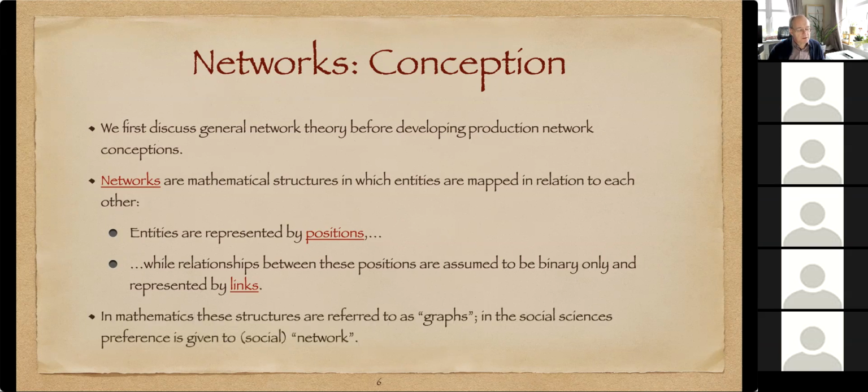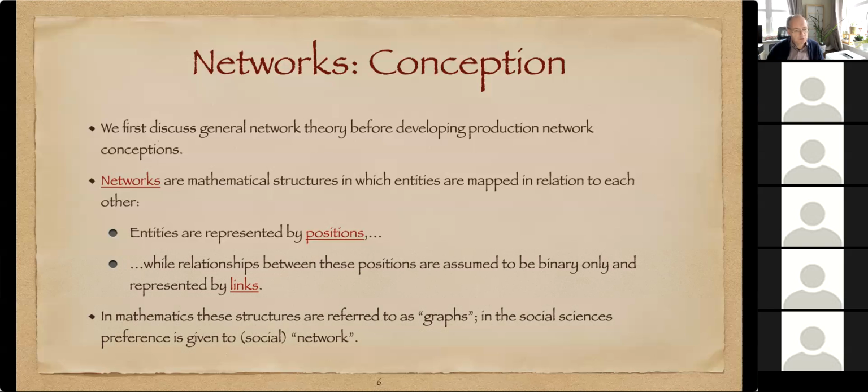So to make clear the various names that are used to describe these things, in mathematics, they're called graphs. Now, graph is a kind of bad name, because graph we usually have for diagrams of demand and supply. You graph your demand and supply.